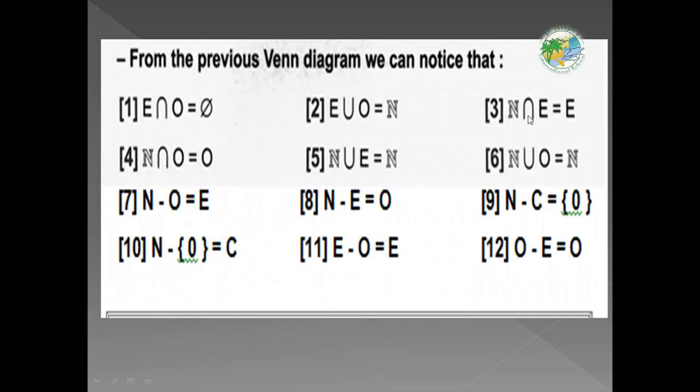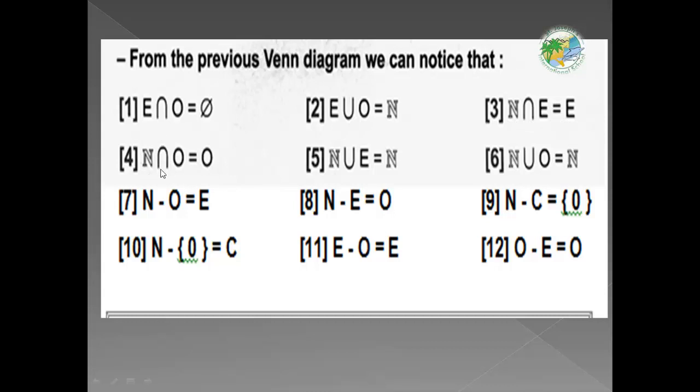Now, natural number intersection even number is what? Which common element is between natural number and even number? It is the even number.